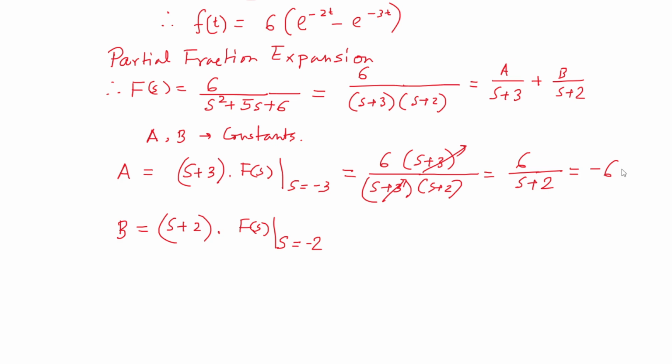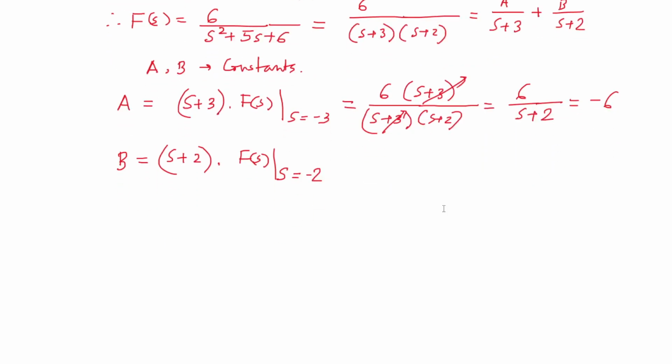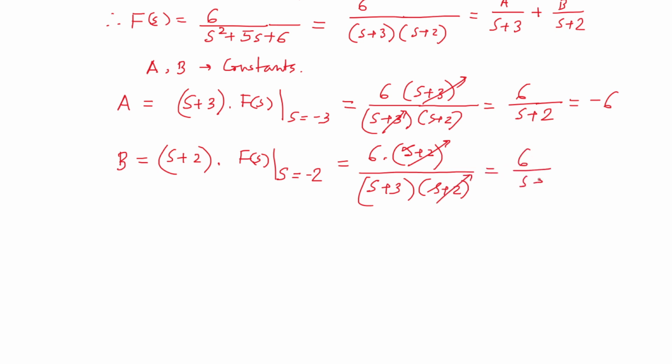A is equal to minus 6. Similarly, if you evaluate b, b will be 6 into s plus 2 divided by s plus 3 into s plus 2. So it will be 6 by s plus 3. If you substitute s is equal to minus 2, it will be evaluated as 6.